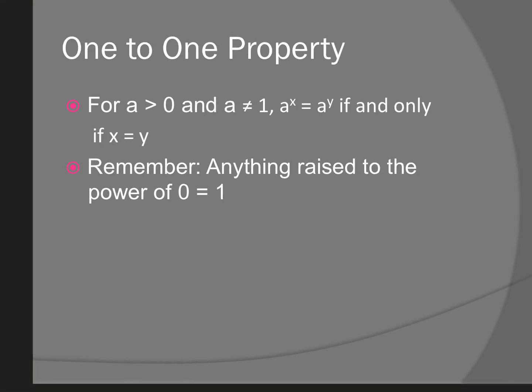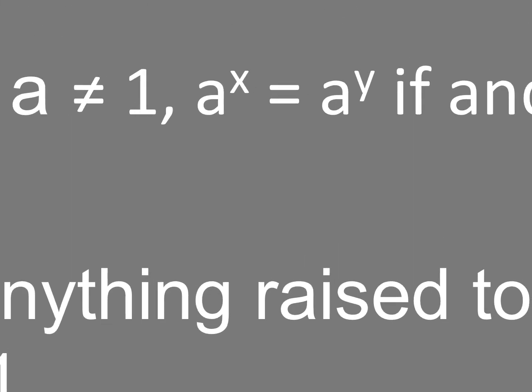All right, you're going to be asked a couple questions to solve using the one-to-one property. And some of you are like, oh my gosh, guys. Okay, look at this. Do you see here how the left-hand side equals the right-hand side for your bases? Yes? Both of the bases are the same?